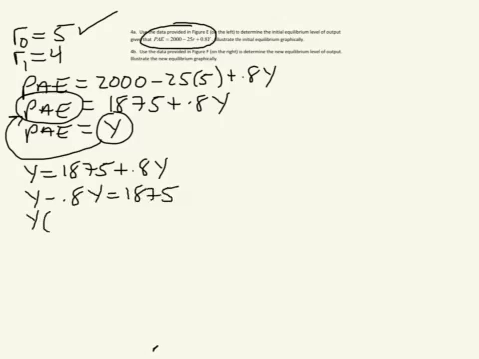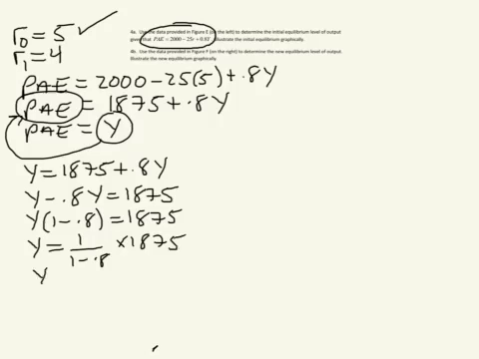So y times 1 minus 0.8 is equal to 1,875. So y is equal to 1 over 1 minus 0.8 times 1,875. So y is equal to 5 times 1,875.